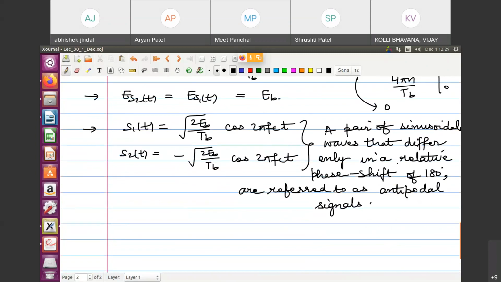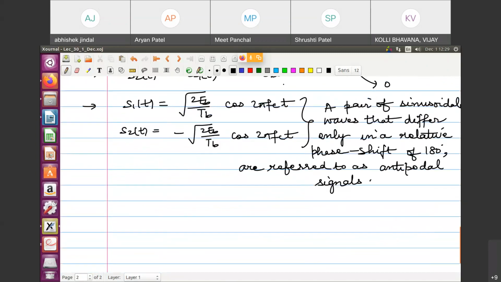Now, what can we say about S1(t) and S2(t)? Can we find a suitable basis? Basically, the presentation in the textbook is in the reverse manner. First of all, they motivate BPSK, that there will be two possibilities of phase, and after that they find its basis function from the signal space.